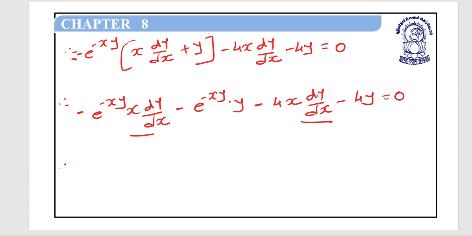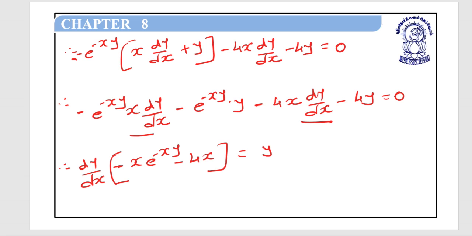So dy by dx times minus x e raised to minus xy minus 4x is equal to y into e raised to minus xy plus 4y.